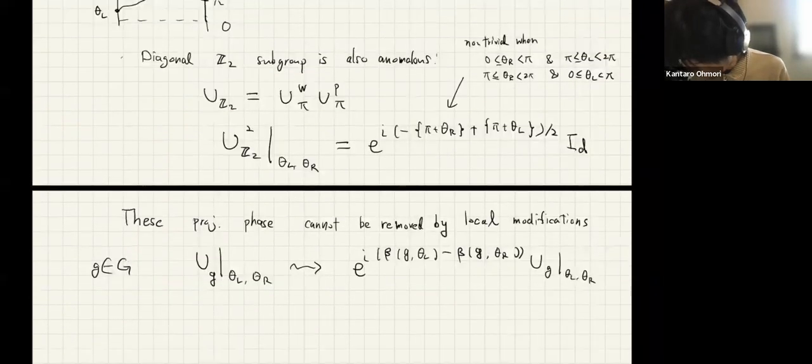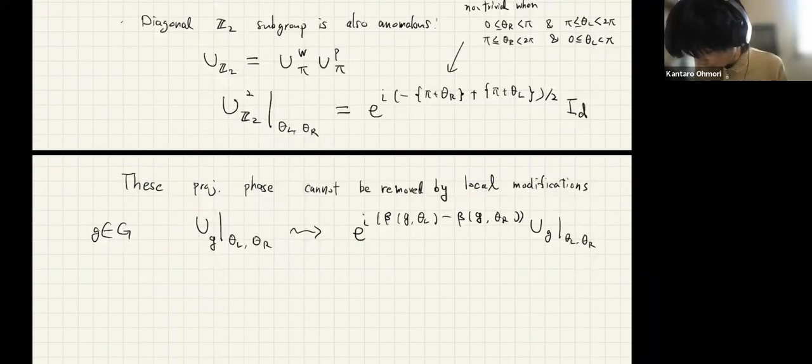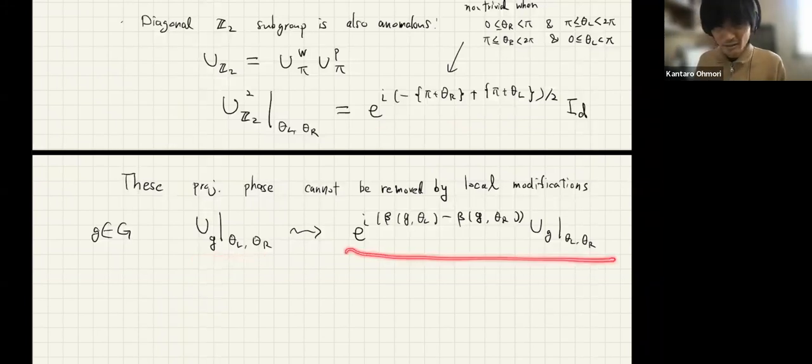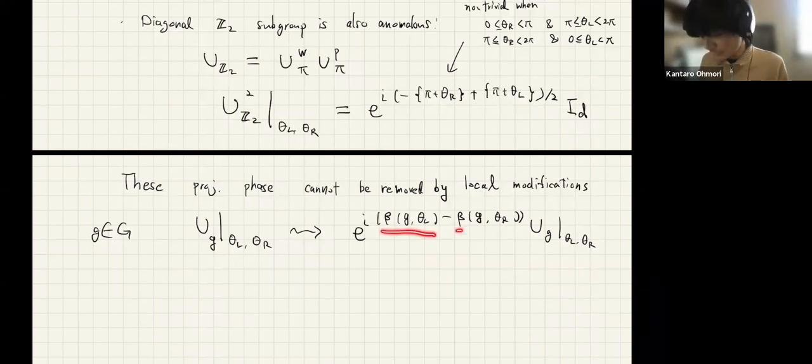In what sense is this a non-trivial phase? In the sense that you cannot remove it by this modification, and note that for the modification I also demand it depends on the left and right boundaries independently.